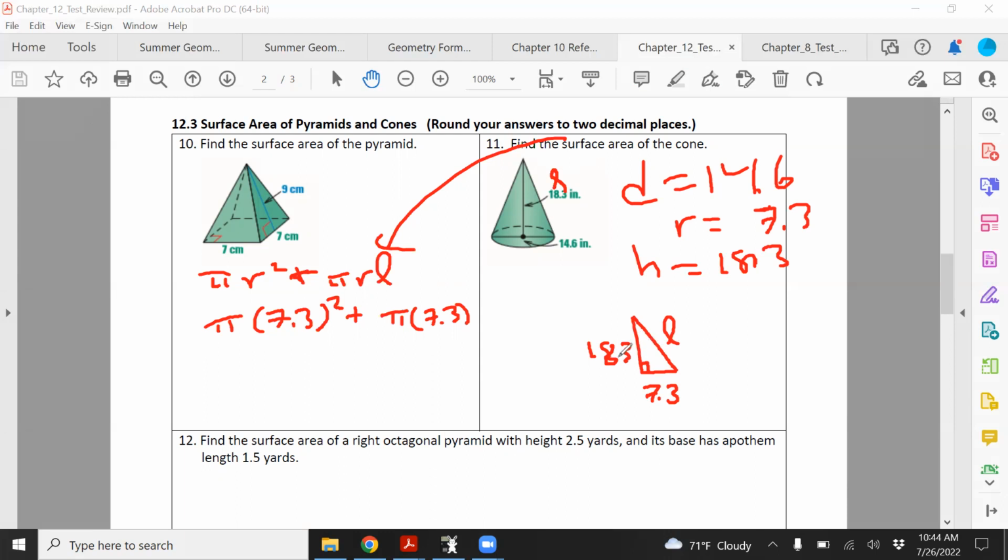How would I solve for L? What theorem would I use? Pythagorean theorem, thank you. Yep, Pythagorean theorem. It's gonna be nasty because of the decimals. That's okay. Nothing wrong if it's nasty. I trust you guys can do that just fine. You just gotta work it out. What do I get? 7.3 squared plus 18.3 squared.